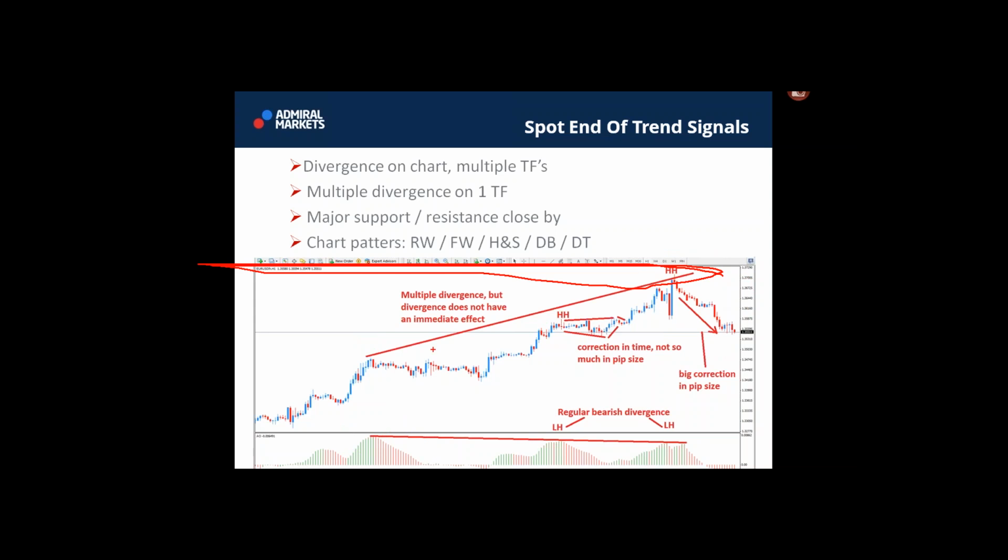You got double divergence on the hourly chart, maybe a single divergence on a 4-hour chart. These are all supportive factors. You could even have a corrective price eventually, making a rising wedge, for instance, a double top on a lower time frame. All of these are extra clues that price could be making that turn.